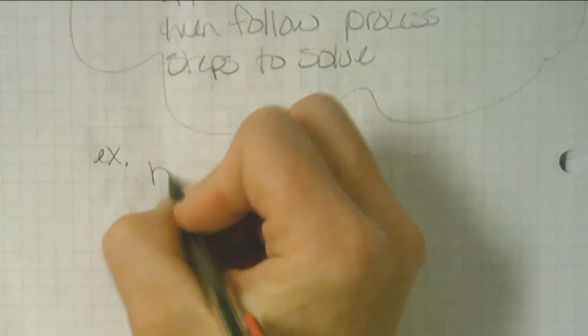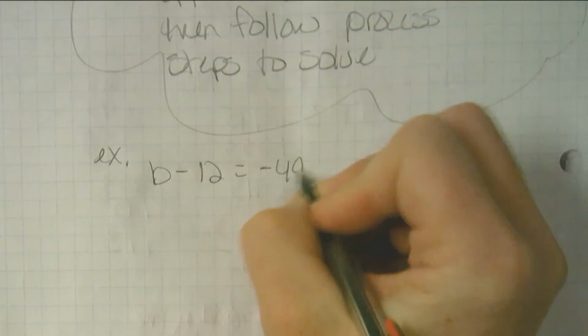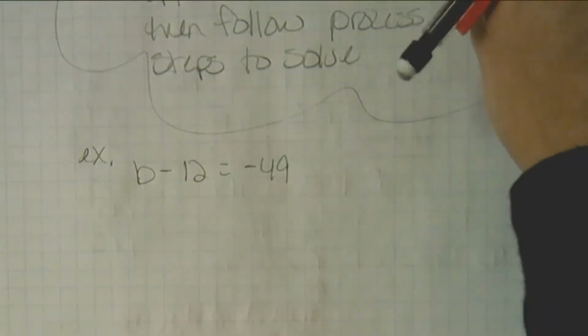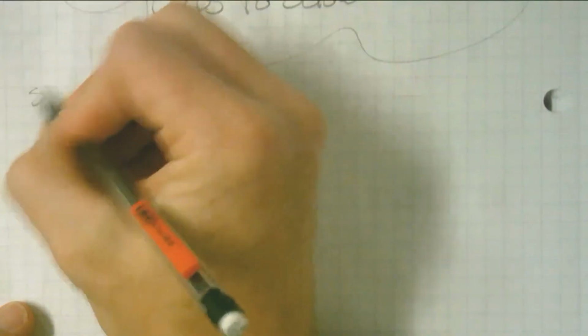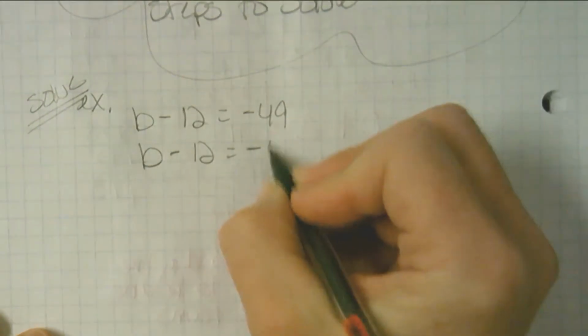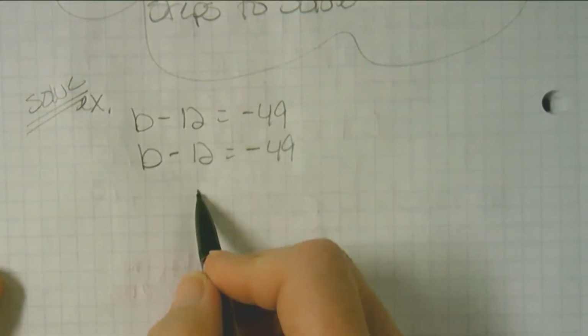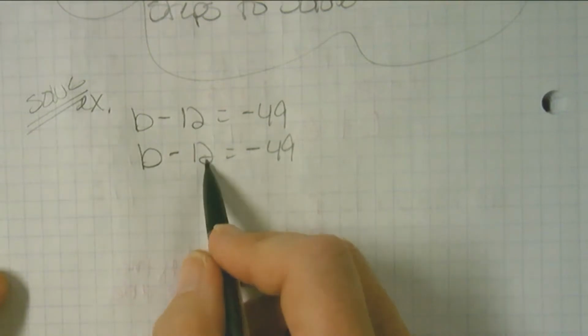So if I have b minus 12 is equal to a negative 49, and I want you to solve. Rewrite your given, please. Somebody's going to say to me, I need to add a negative 12 here, because they see a positive 12.